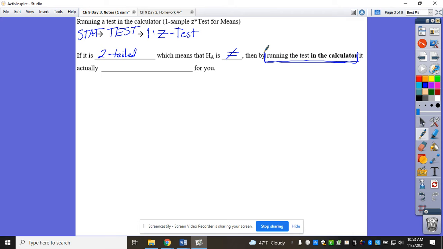That's where it spits out your test statistic value, your area, your X bar, your S. It actually does what for you? It does it for you. So just remembering the difference between those.